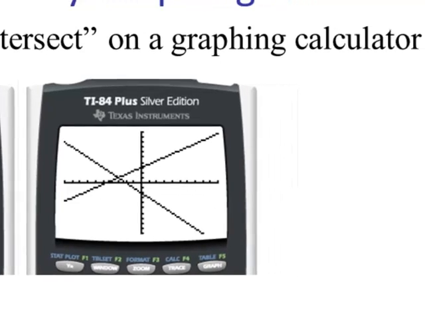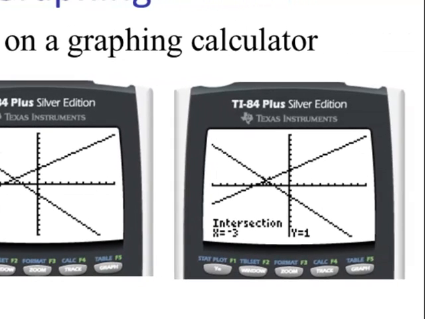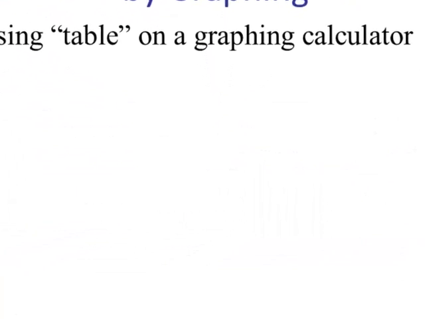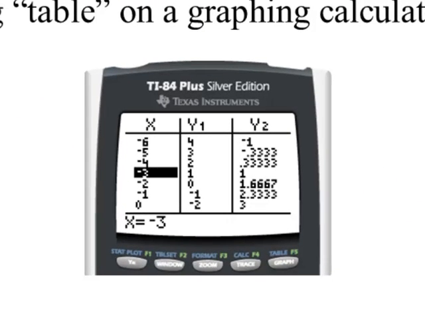So we hit second trace, then intersect, and we see the calculator tells us x is -3, y is a positive 1. If we hit our table feature, when x is -3, we see that for both y1 and y2, y is a positive 1.